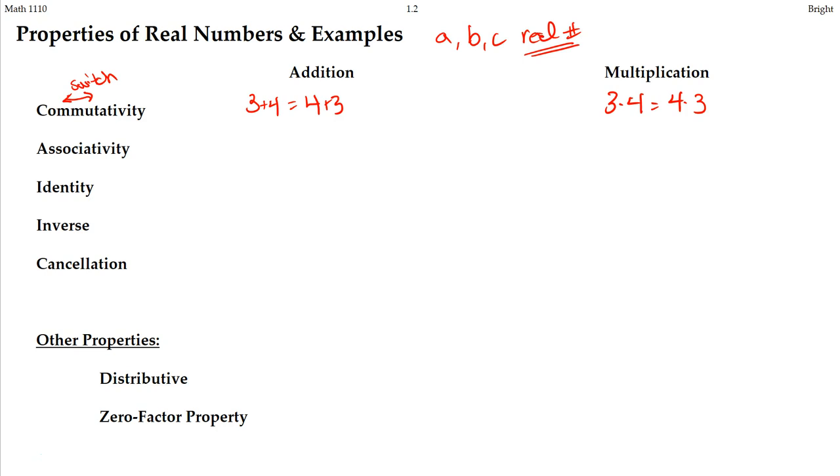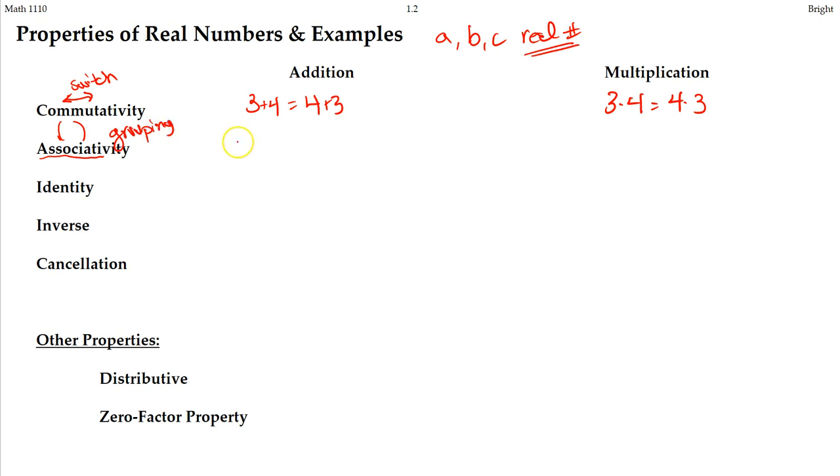Associativity is the idea of chunking, and that comes from the root of the word associate. If you associate with people, you're close to them. So it has to do with grouping, and our parentheses are going to move.